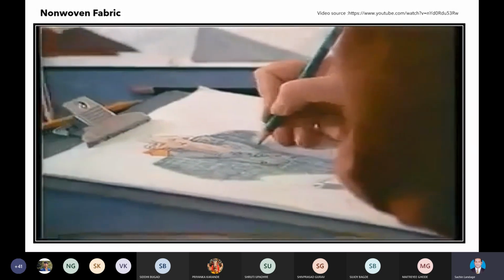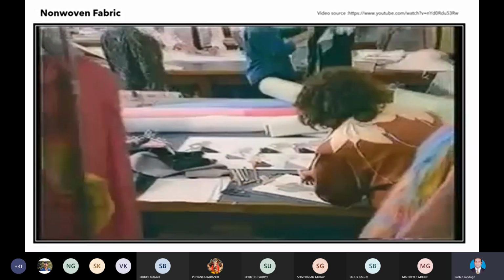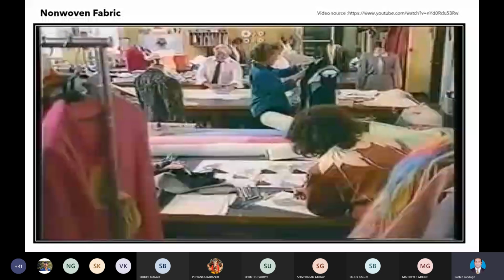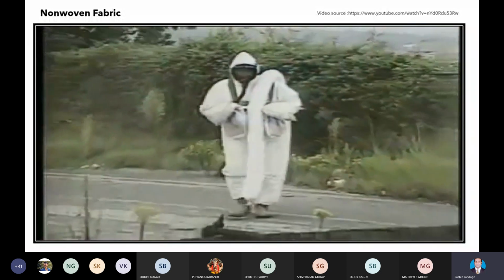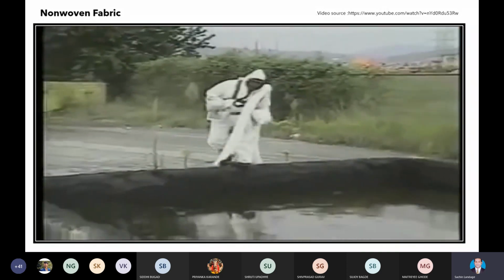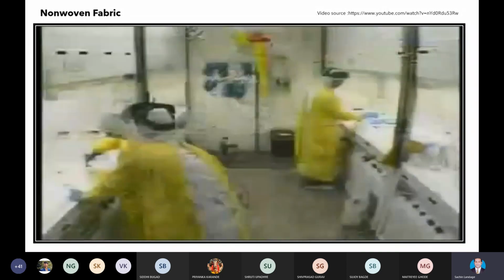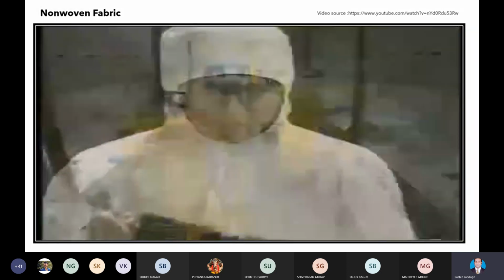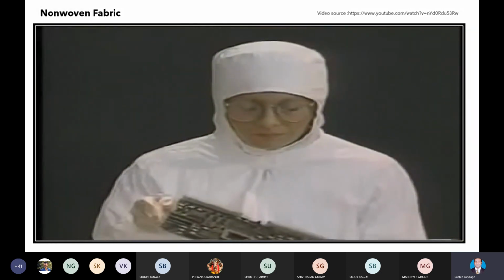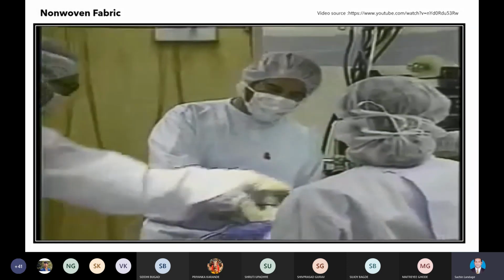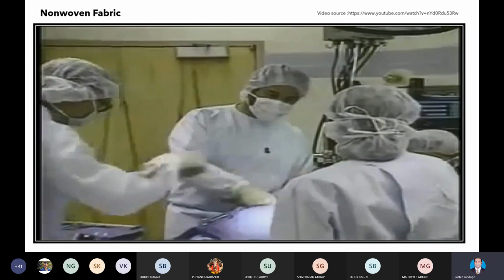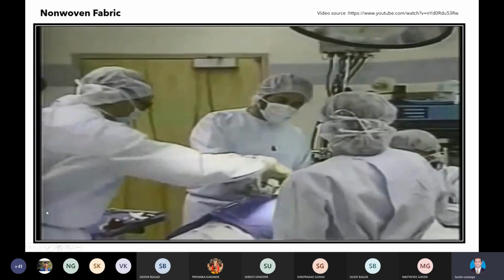Using non-woven linings and pads, fashion designers give shape to their creative visions, while very different kinds of apparel protect workers from exposure to workplace hazards and shield sensitive products from contamination by humans. Medical products, such as operating room gowns and drapes, protect both caregivers and patients from infection.